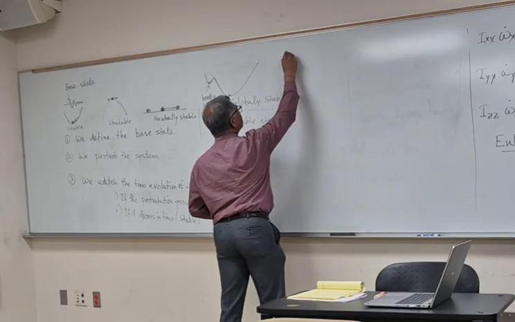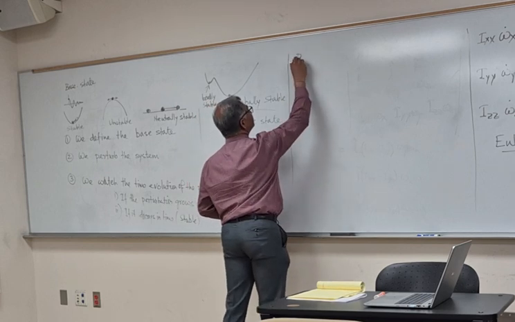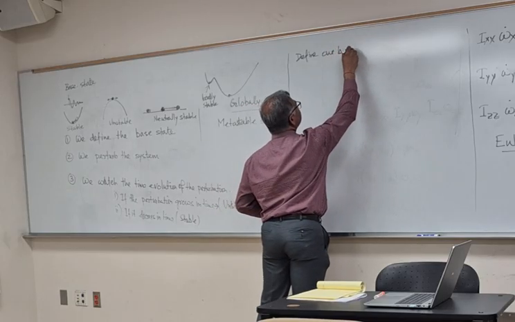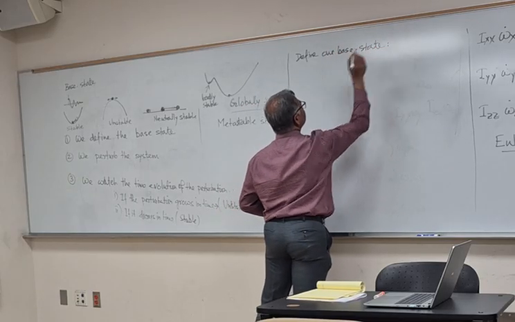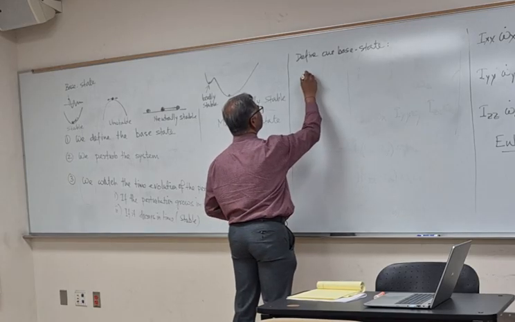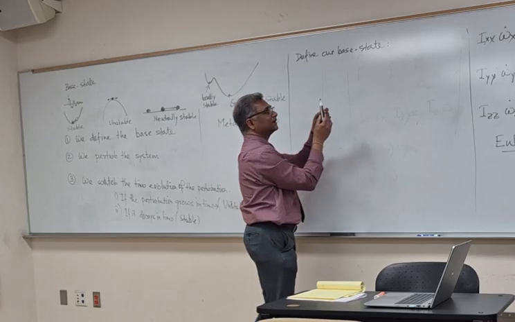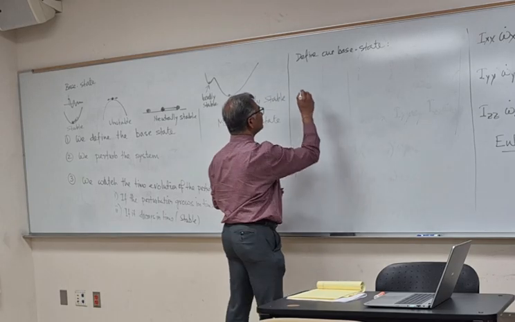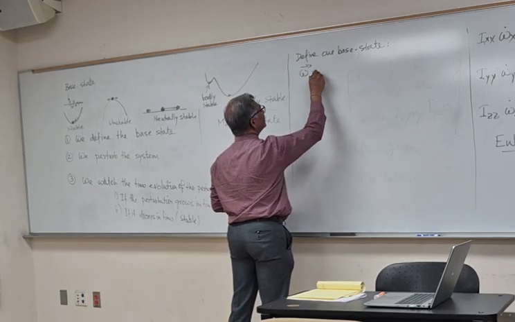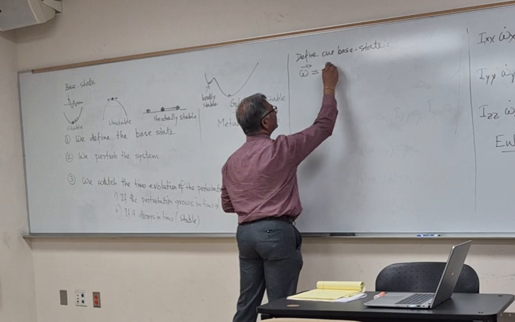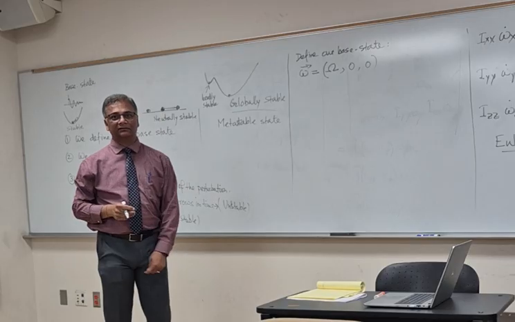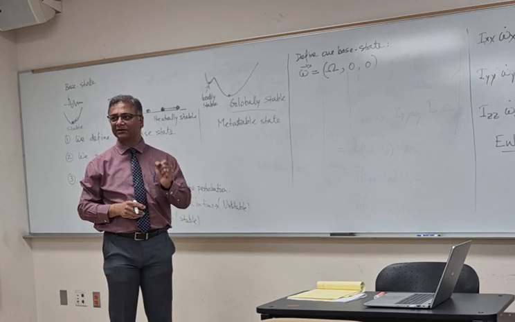Say our base state is the object is rotating about the x-axis. So the three components of the omega vector are capital Omega, 0, 0. Agreed? That's my base state.